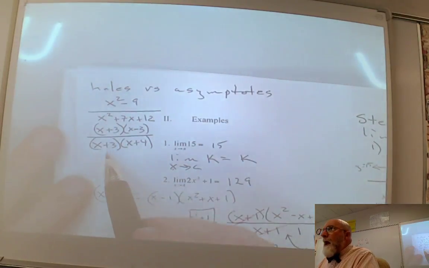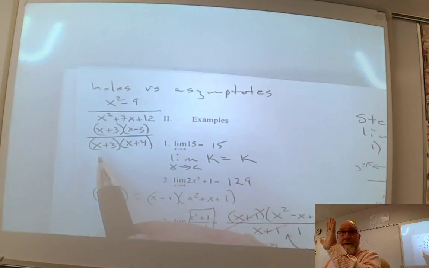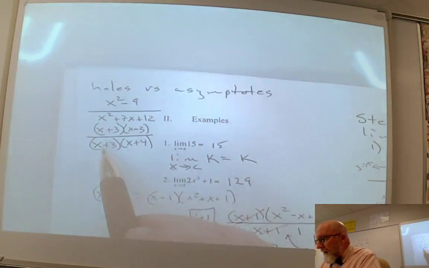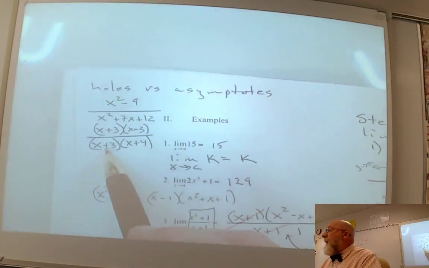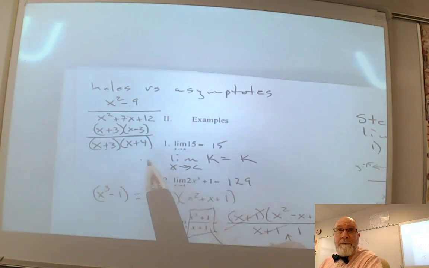Now, at a negative 3, this function is not continuous because I have division by 0. Is everybody okay with that? There is a break at x equals negative 3. I am not allowed to put a negative 3 into here because I get 0 in the denominator. Neither am I able to put negative 4 in here because I get 0 in the denominator, correct?